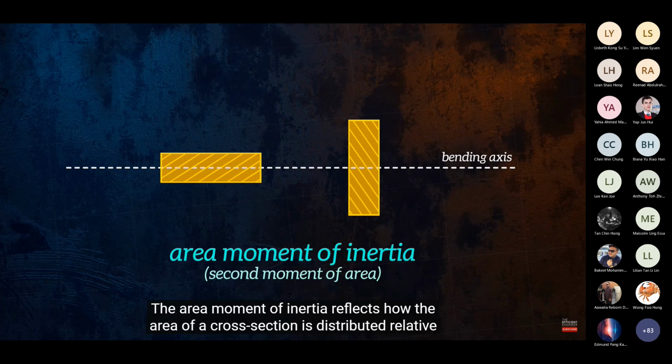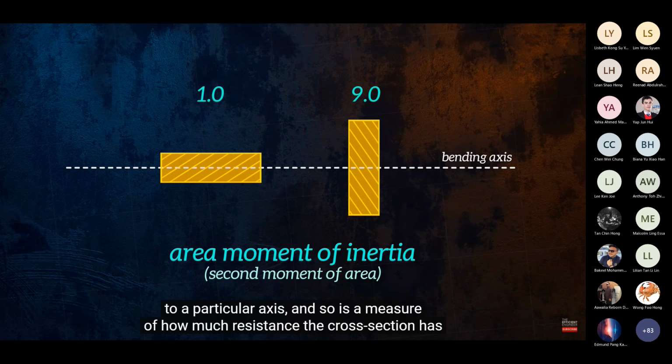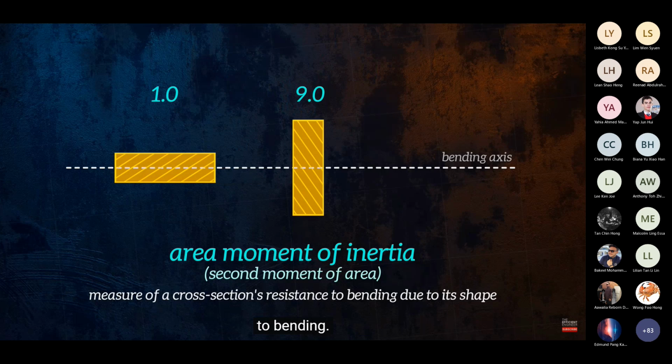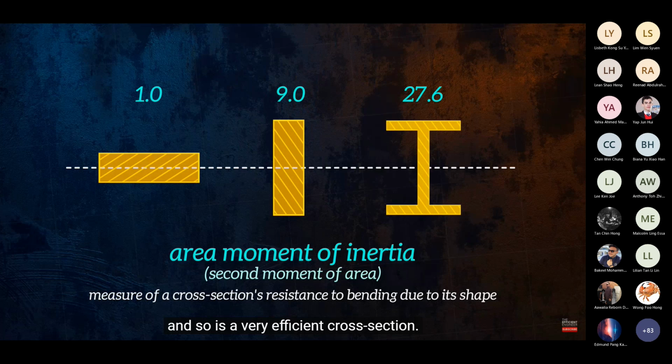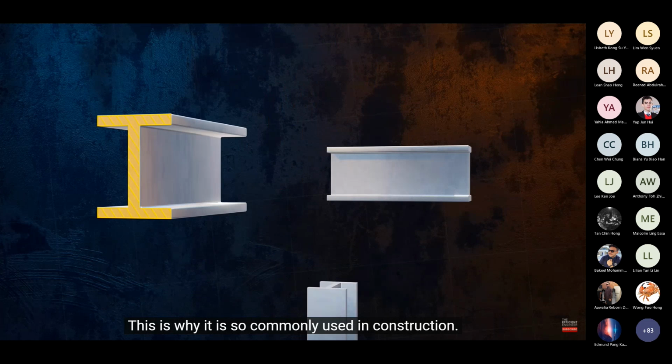The area moment of inertia reflects how the area of a cross-section is distributed relative to a particular axis, and so is a measure of how much resistance the cross-section has to bending. The I-beam locates the majority of the material as far as possible from the bending axis, and so is a very efficient cross-section. This is why it is so commonly used in construction.